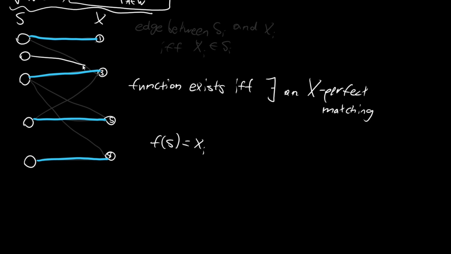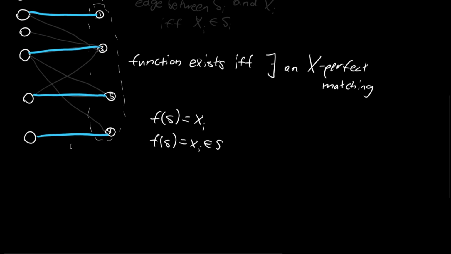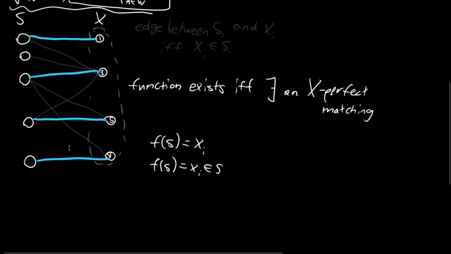If we have some other node of s that's not matched in the matching, then it can equal any xi in s, because we already have the whole set of X covered. It doesn't matter what the other values of the function are. So this is an equivalent formulation in graph theory, and now we're going to talk about an example problem.